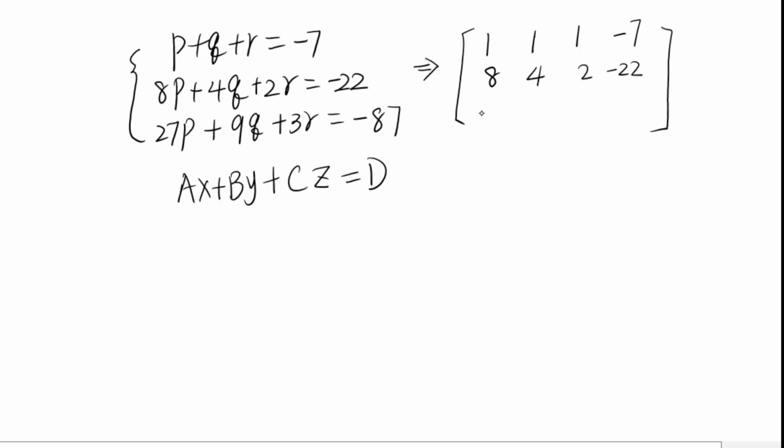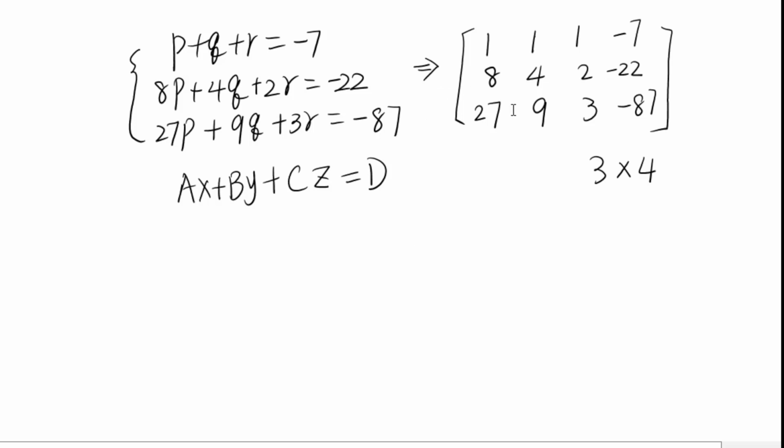For the third equation, we have 27, 9, 3, negative 87. Then we will put this matrix into calculator. This is a 3 by 4 matrix, 3 rows and 4 columns.